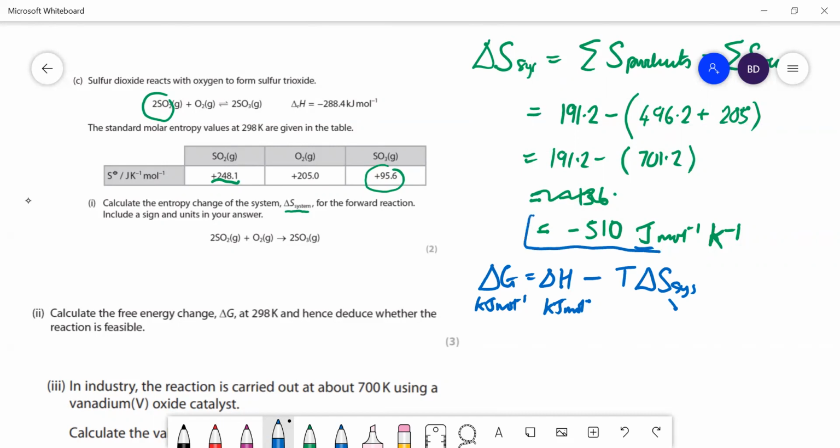So there's our delta S value. Convert it into kilojoules: it is minus 0.51 kilojoules per mole per Kelvin. Put the numbers in.